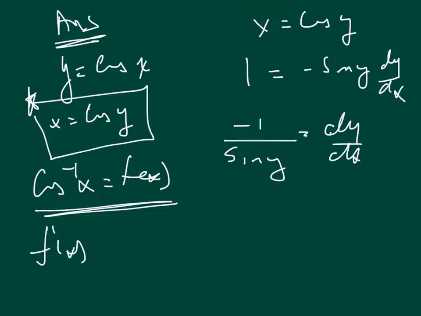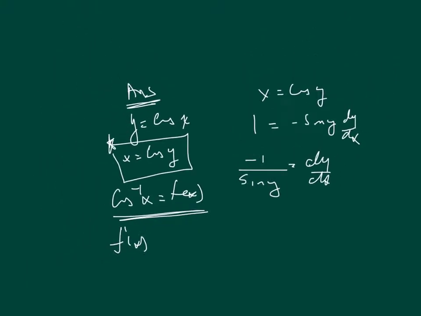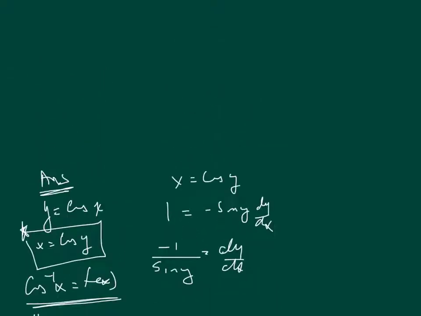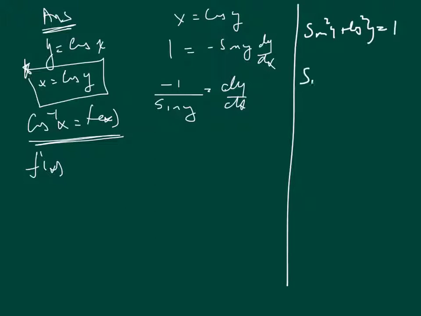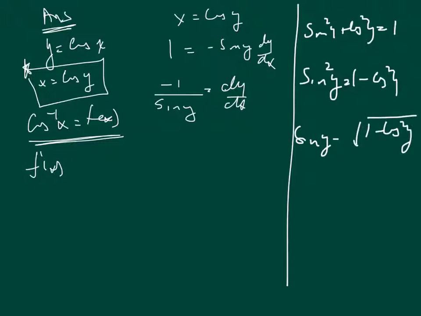Now remember that same Pythagorean theorem that we used before. We're going to use it again. So therefore we have sine squared y plus cosine squared y is equal to 1. So sine squared y is equal to 1 minus cosine squared y. So sine of y is equal to the square root, again, of 1 minus cosine squared y.